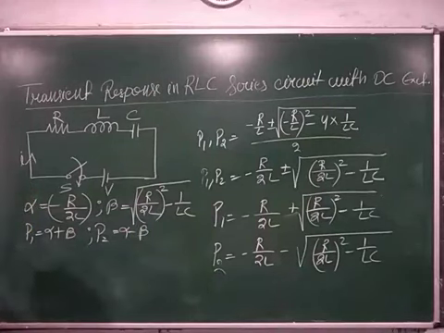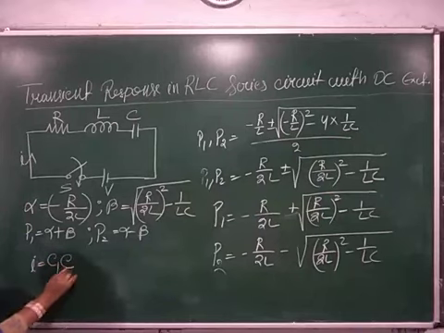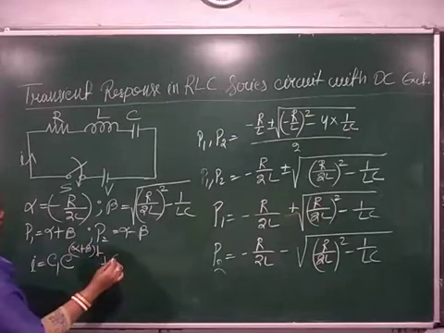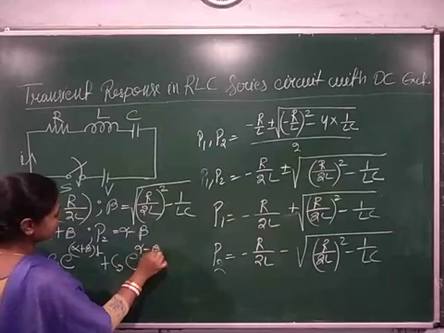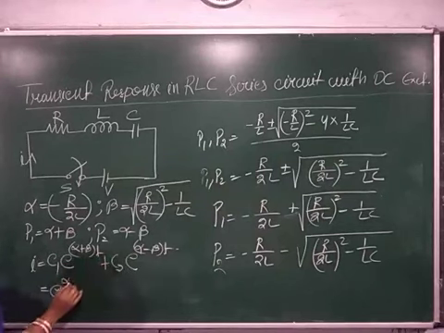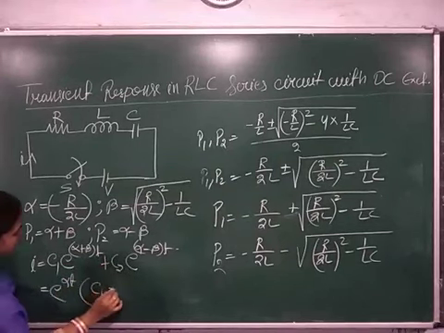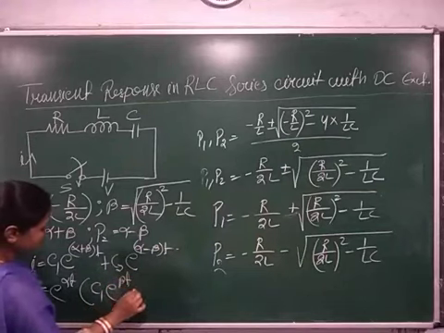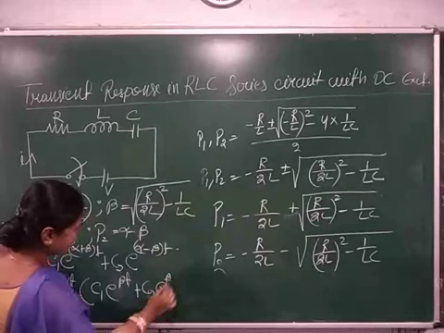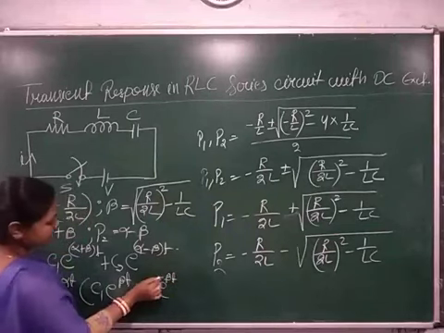So the solution of this equation is C1 e to the power alpha plus beta t plus C2 e to the power alpha minus beta t. Or you may also write this equation, if you take alpha t common from these two terms, as e to the power alpha t times C1 e to the power beta t plus C2 e to the power minus beta t.